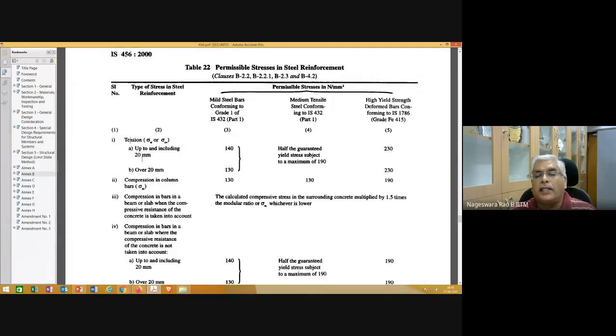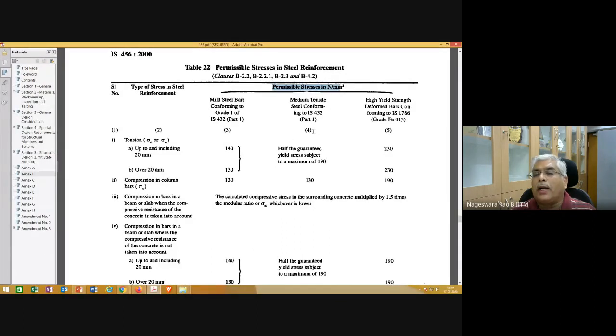So under tension, depending on the diameter of the bar, if it is mild steel, what is the permissible stress value that is given here? And if it is medium tensile steel, it is giving a guideline: half the guaranteed yield stress subjected to a maximum of 190. Please note that whatever numbers are given here, 140, 130, all these numbers are permissible stresses in Newton per mm square.